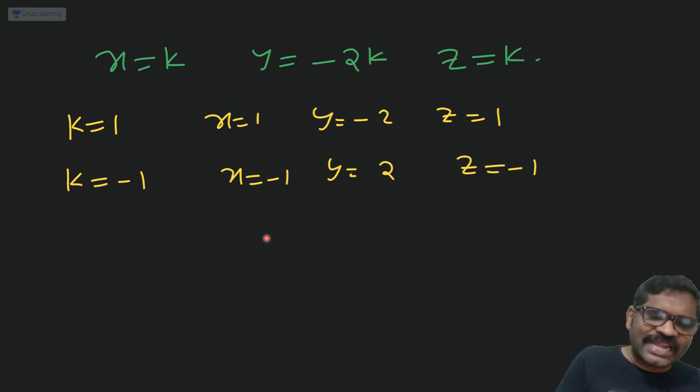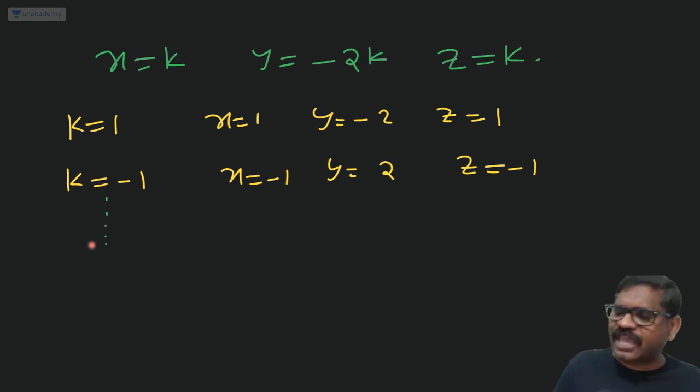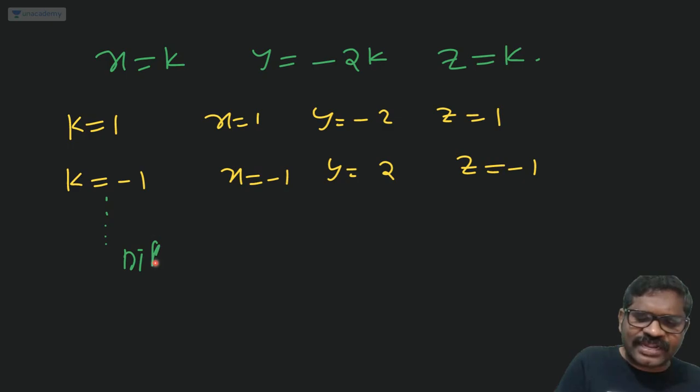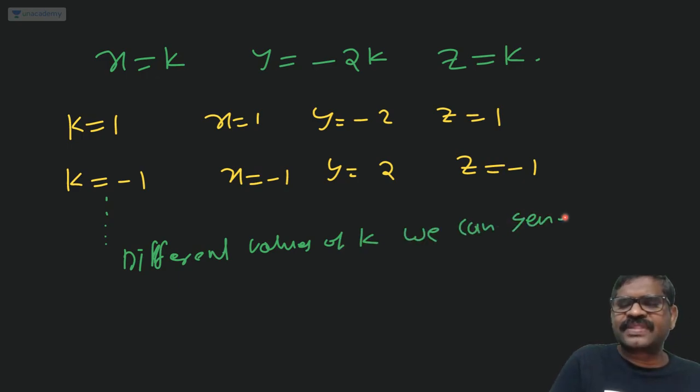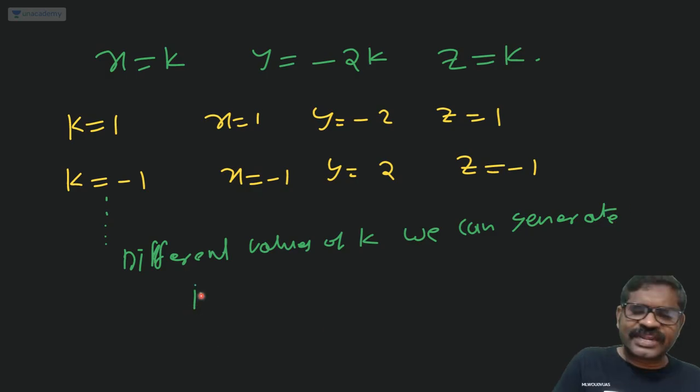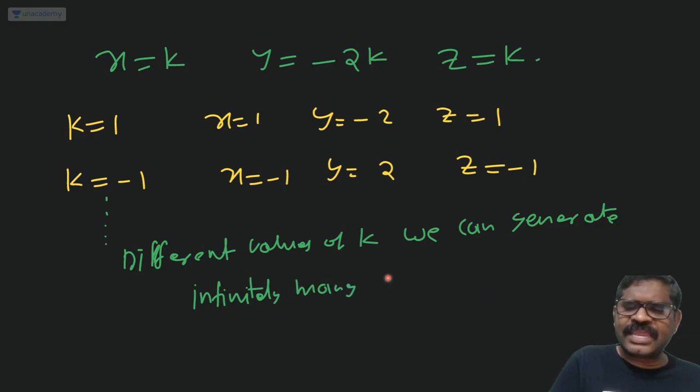So, different values of K, we can generate how many solutions? We can generate infinitely many non-zero solutions.